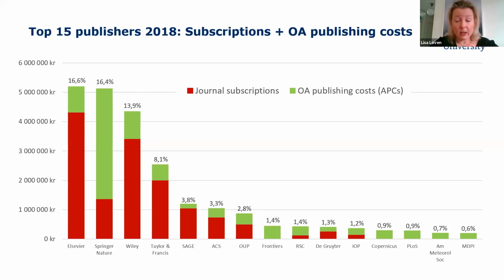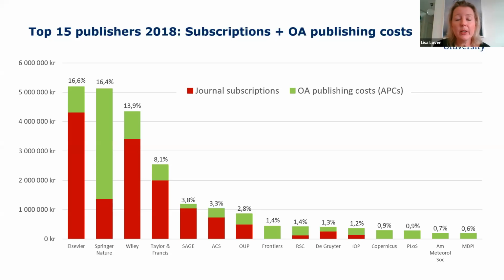Here I combine what the library paid to publishers in subscription fees in 2018, our consortia agreements, our own agreements, single subscriptions. I combine these costs with what the university paid for open access publishing with the same publishers. This is to illustrate the total cost for reading and publishing at Stockholm University.